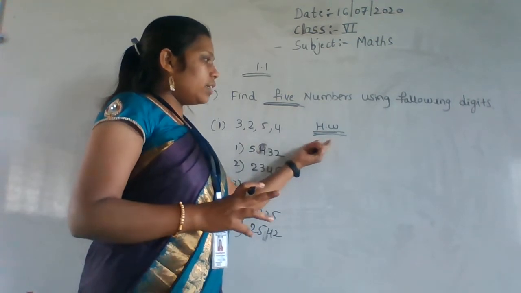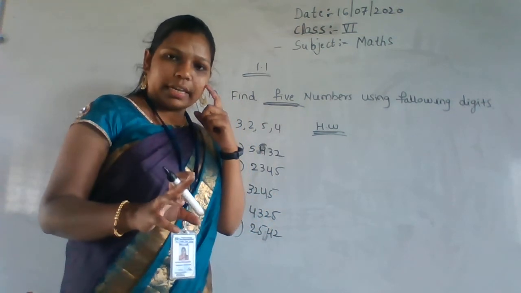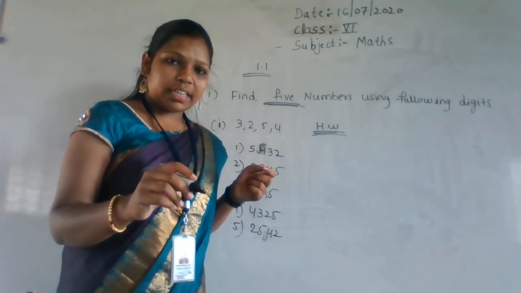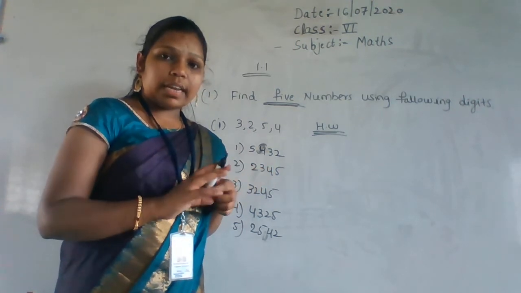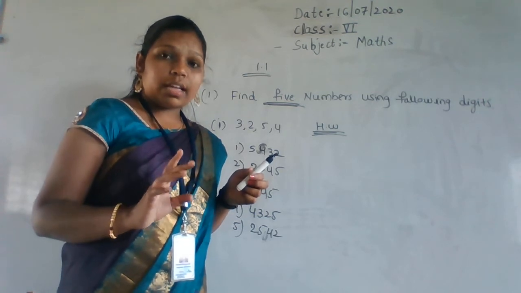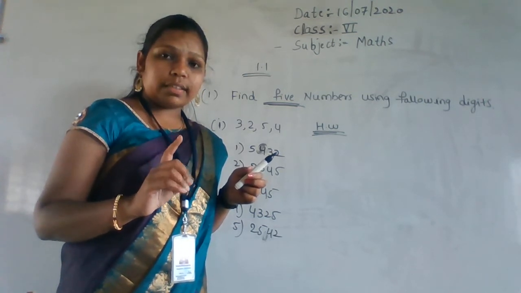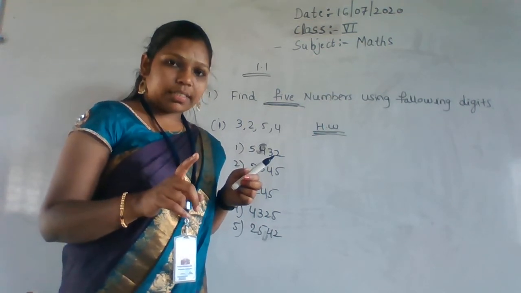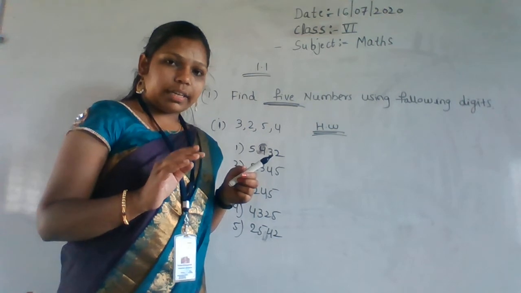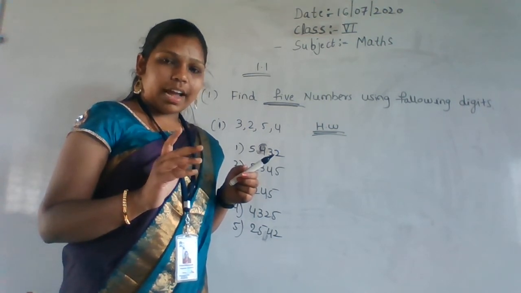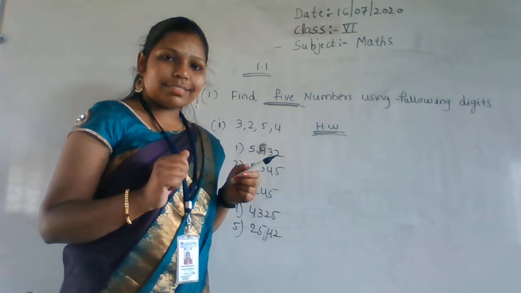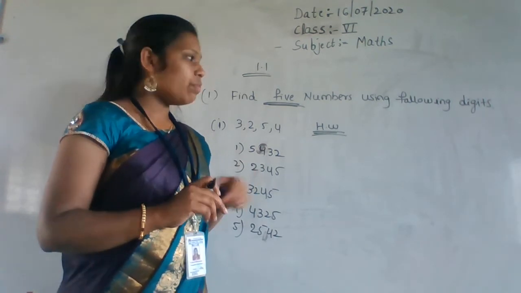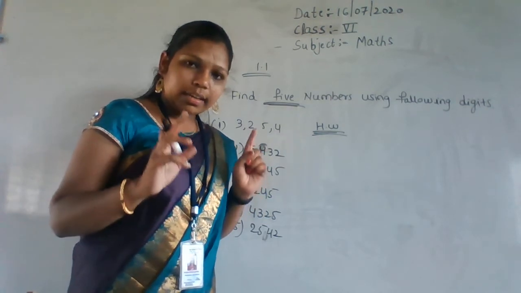After that in the CW you have to write, otherwise there will be some corrections and again you will scratch in the CW. The CW should look like a textbook. You have to maintain that much neatness in the CW, because you are in 6th standard and you are very intelligent, and you have to be very disciplined. That's why I am telling. So you have to write neatly in the CW.